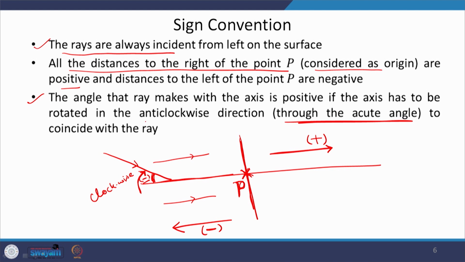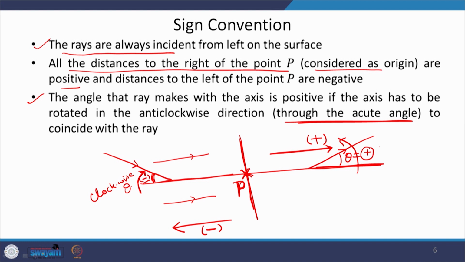Had it been an anti-clockwise rotation, like for this ray which is moving in this direction, then to coincide the principal axis with the direction of the ray, you would have to rotate it anti-clockwise through the acute angle. Of course, if this rotation is anti-clockwise, then this angle would be positive. This theta would be measured as positive here, and here theta would be negative.